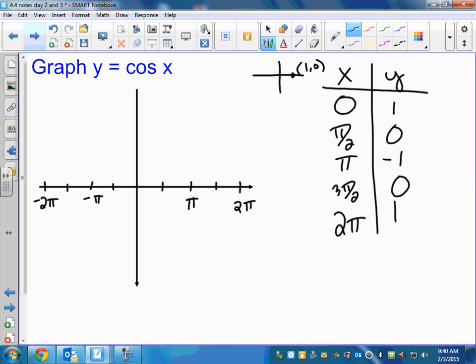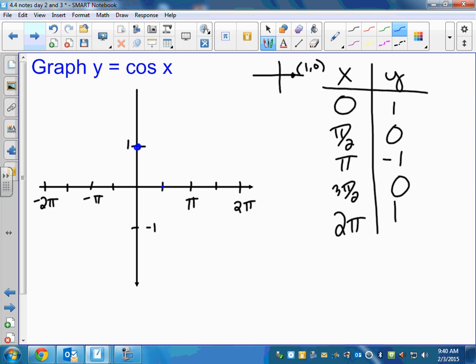What's the biggest y value I ever get? 1. What's the smallest y value I ever get? Negative 1. There's a big difference. At 0, sine is 0, so it starts at the origin. But on cosine, at 0, we get our biggest value. So at 0, the cosine of 0 is 1.